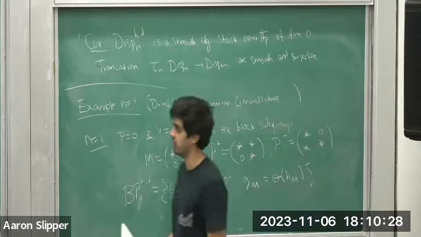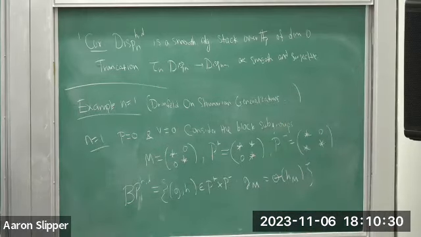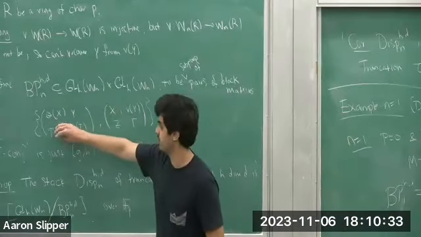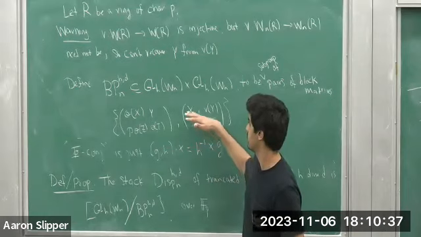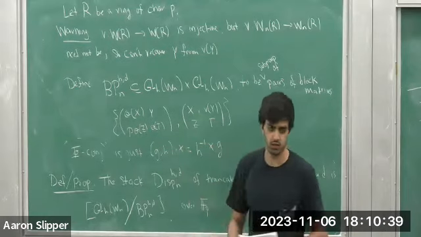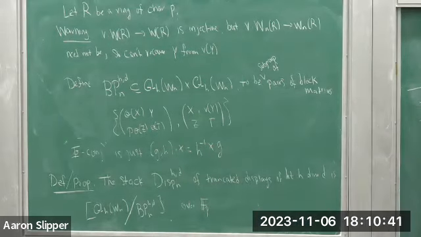So if you look over here, the H is going to be lower triangular and the G will be upper triangular, and on the diagonal, if you apply sigma to H's diagonal, you just get G's diagonal.